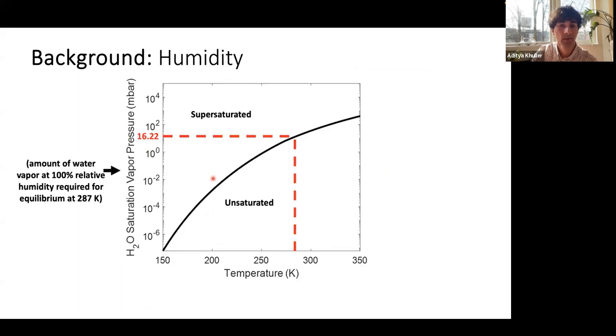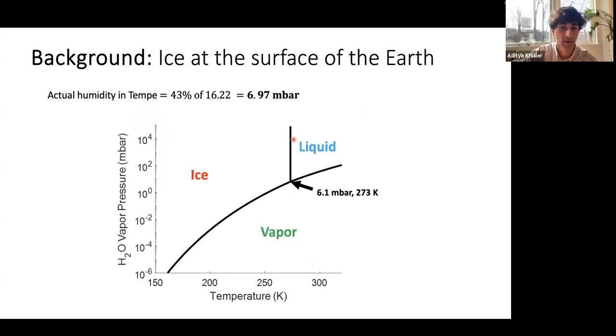And so for ice to be stable at the surface, we can use one of those curves. And so at 287 Kelvin, you need about 16 millibars, which would be 100% humidity for ice to be stable. The same number of molecules leaving the surface would be replaced, and you would have stable ice.